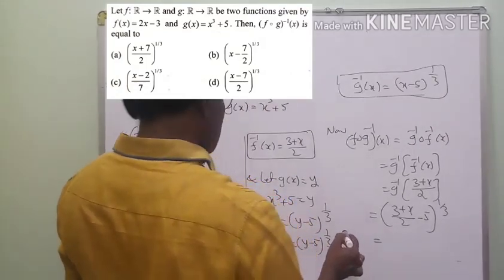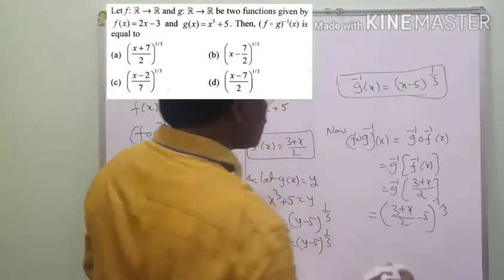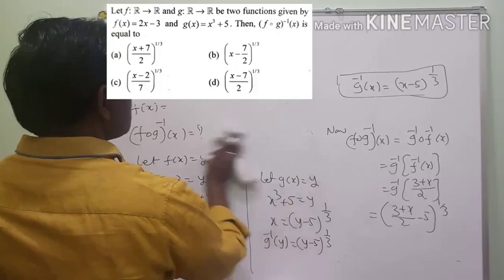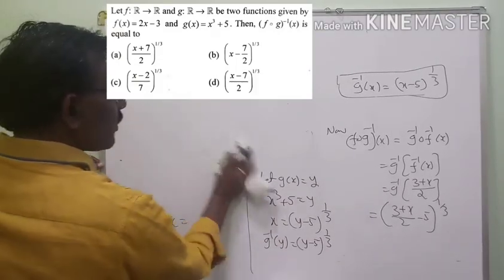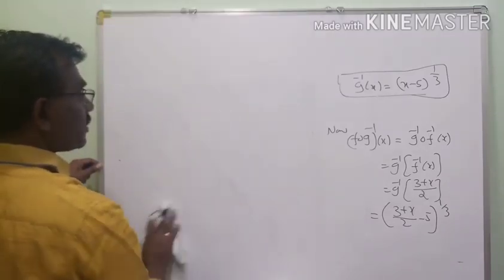So what is the LCM? 2. 3 plus X minus 10. 3 plus X minus 10 means, what is the answer?